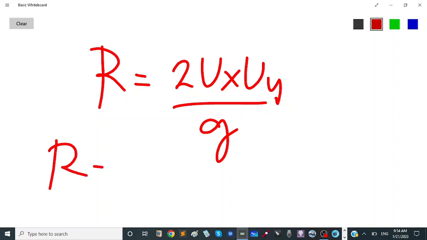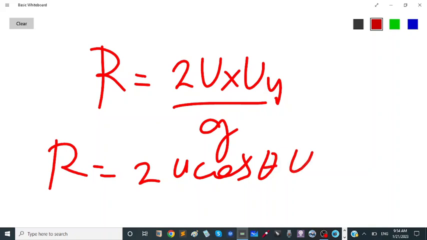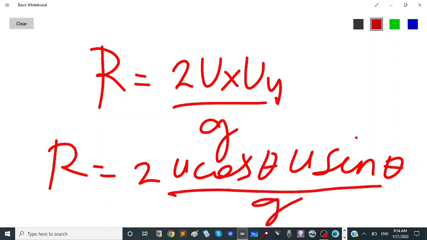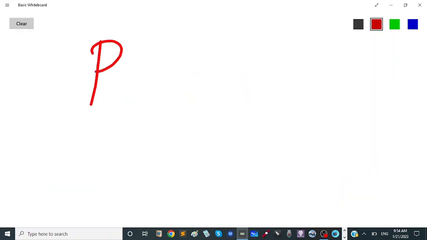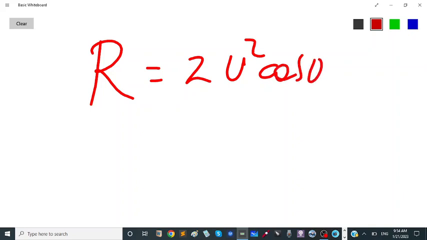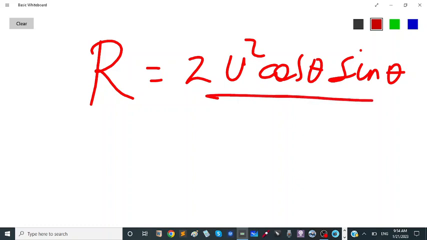So R is given by 2 times u cos theta, u sin theta divided by g. So R is again given by 2 times u square cos theta sin theta divided by g.